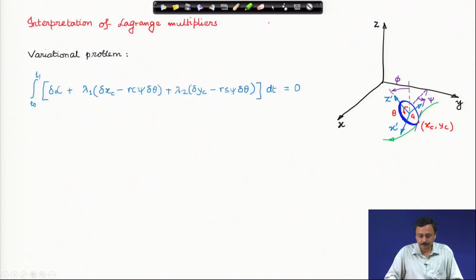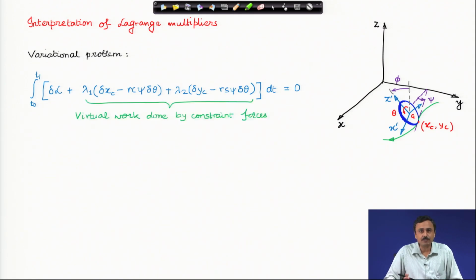I will just look at the interpretation of these Lagrange multipliers. This is our statement. Whatever term I have introduced using the Lagrange multiplier must be the virtual work done by the constraint forces. The lambdas may not be directly the forces, but they are proportional to the constraint forces.